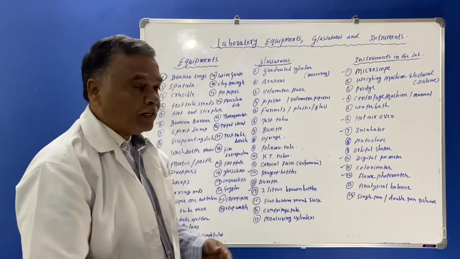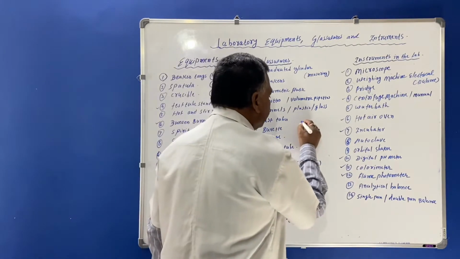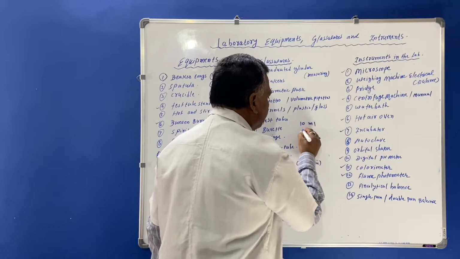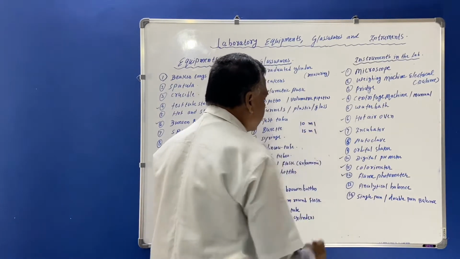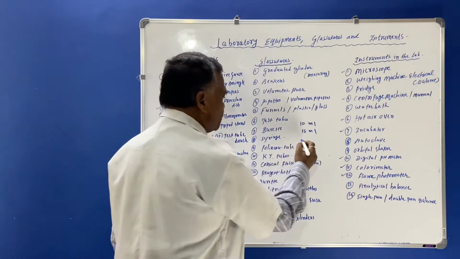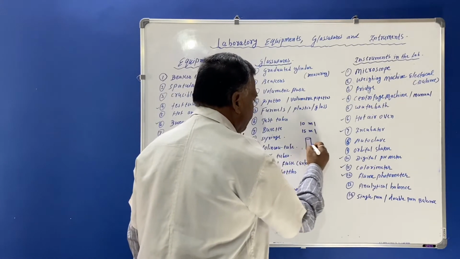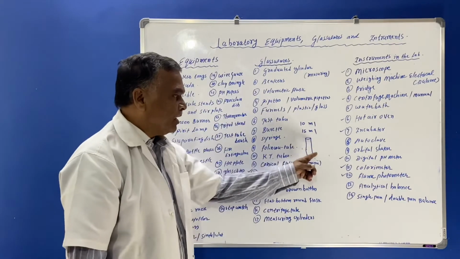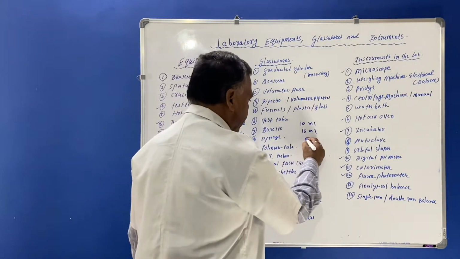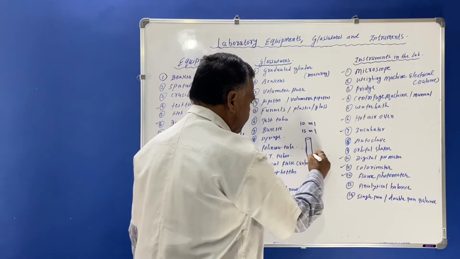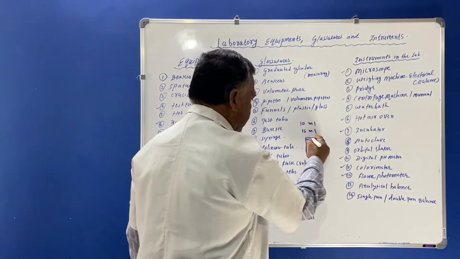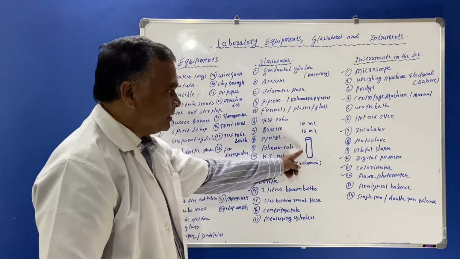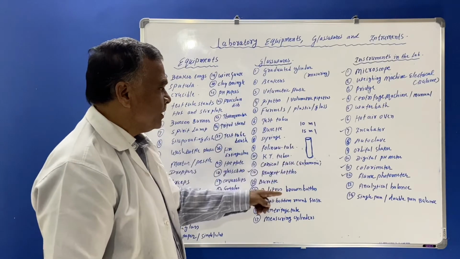Then test tubes. Test tubes are of 10 ml, 15 ml. These are glass made, and these test tubes are used to carry out qualitative analysis or quantitative analysis also. These are the test tubes generally used for qualitative analysis.